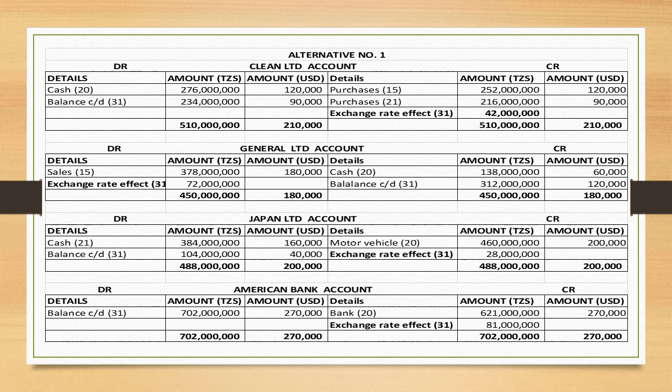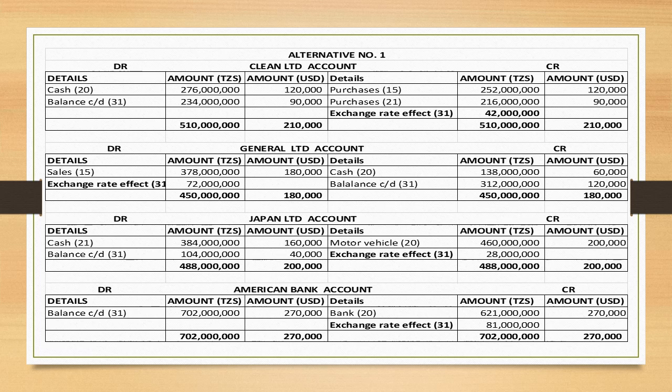But if you take General Limited, also we made sales of 180 US dollars, equivalent to 378 million. We received cash on 20, where we received 60 US dollars, which is equivalent to Tanzania shillings 138 if you apply the exchange rate of that particular date.